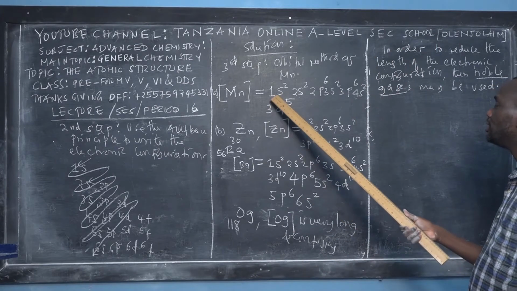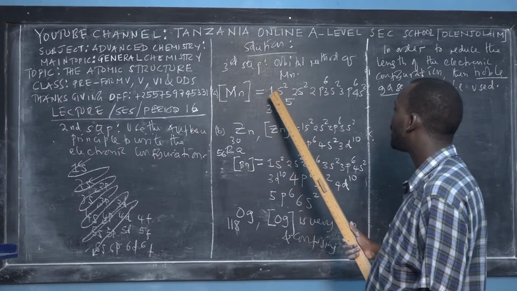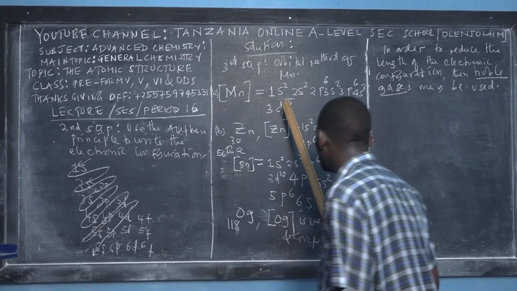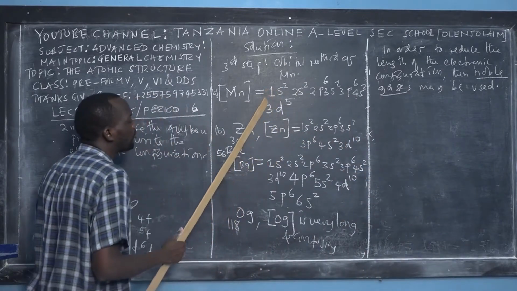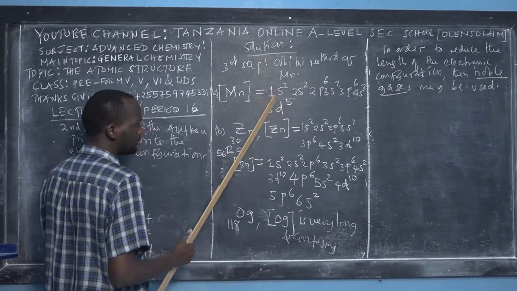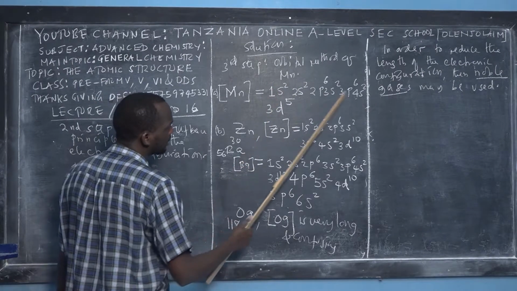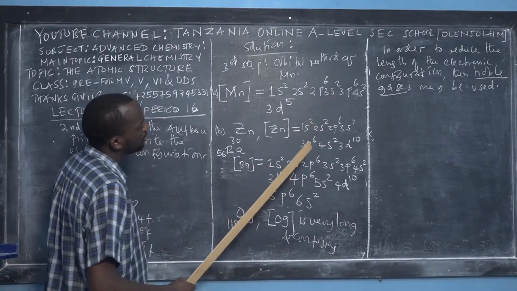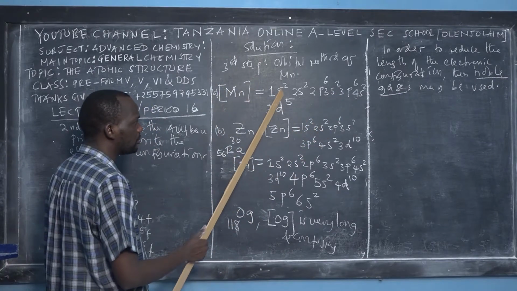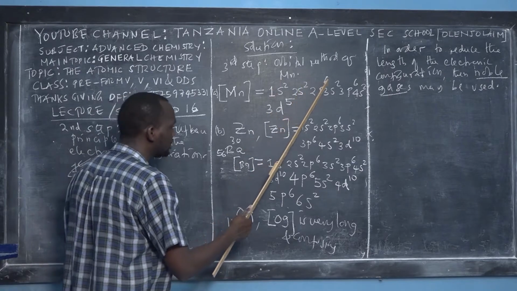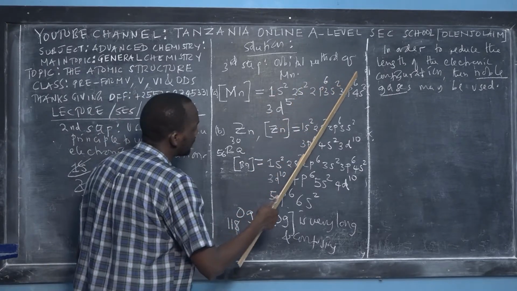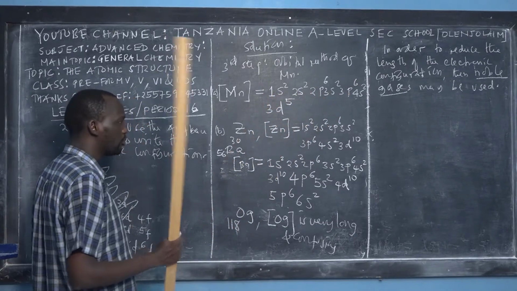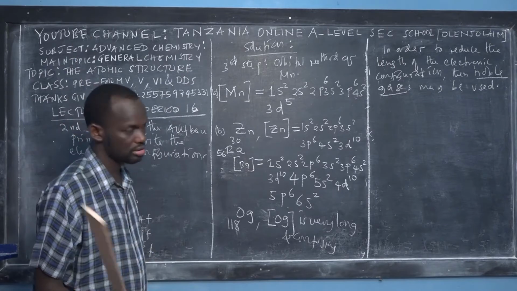So instead of writing the electron configurations of 1s up to 3p, we can replace this sequence of sublevels from 1s squared to 3p, because 2 plus 2 is 4, plus 6 is 10, plus 2 is 12, plus 6 is 18. So we may replace this sequence by a noble gas called argon.